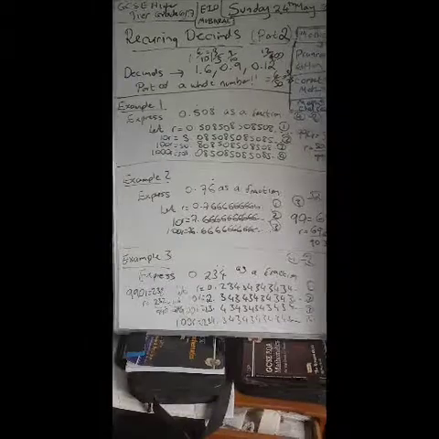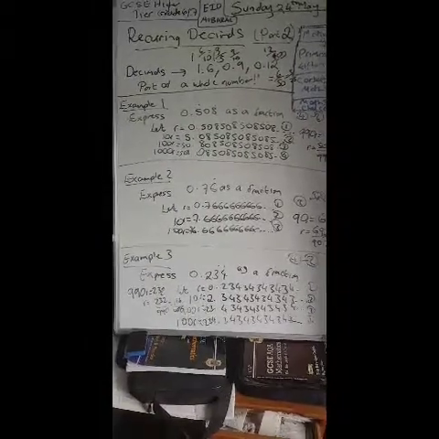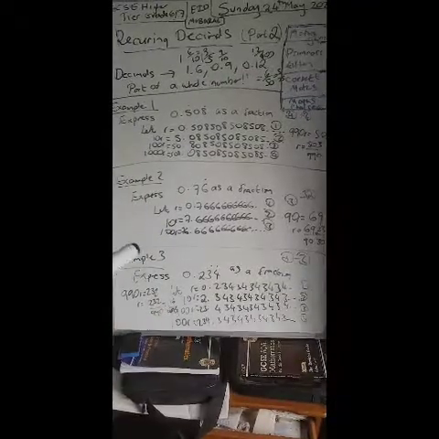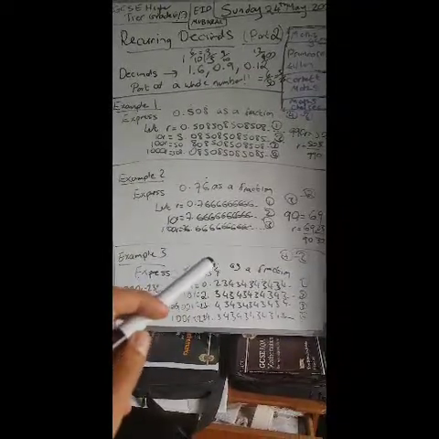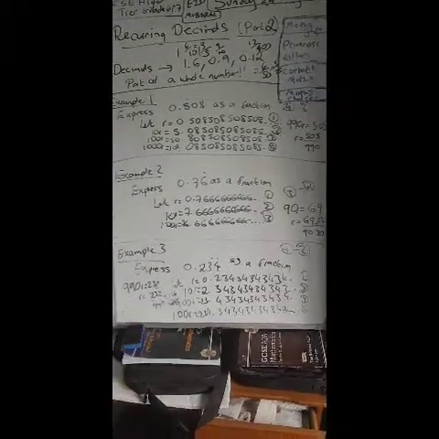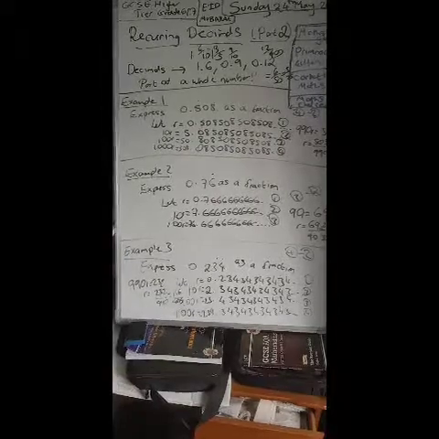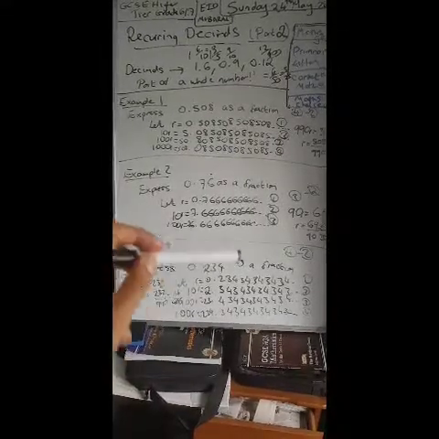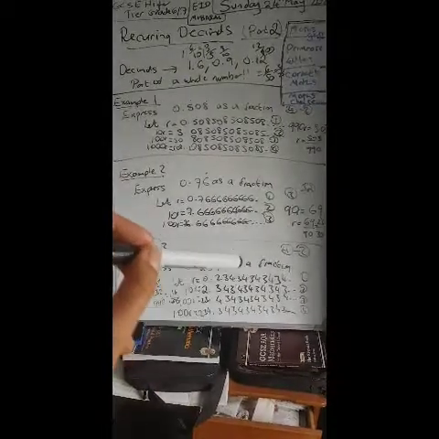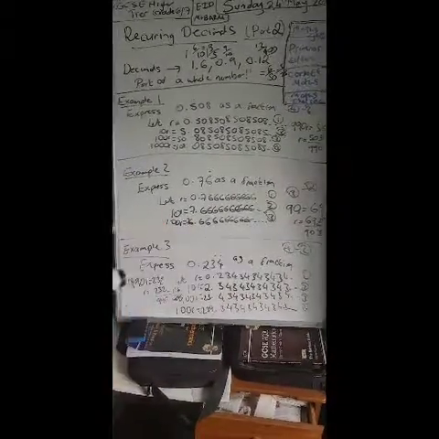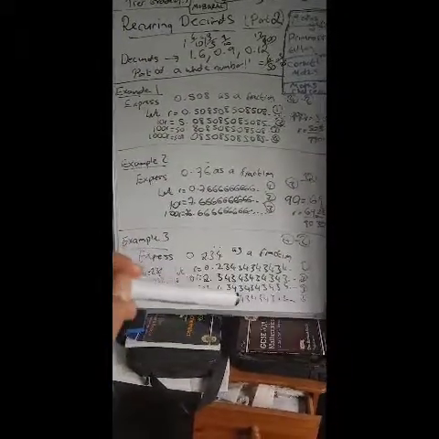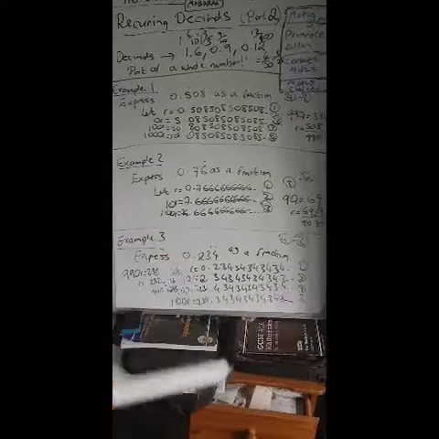Right guys, example number 3. Express 0.234 with a dot on the 3 and 4 as a fraction. The 3 and 4 repeat, so R is equal to 0.2343434343434. 10R equals 2.343434343434. 100R is 23.43434343434, and so on.